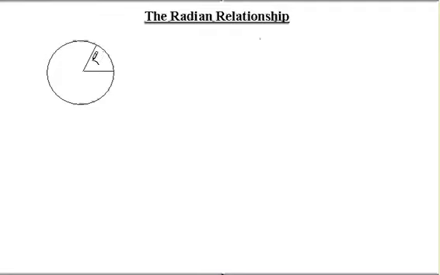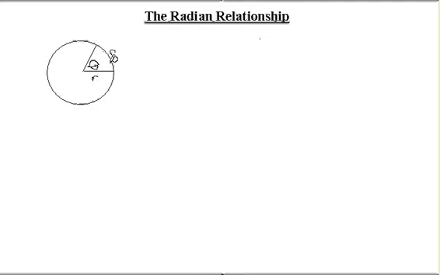Let's call it theta, that symbol. It's really an oval with a line through it. And let's say that R represents the radius of the circle, and then for whatever reason let's use S out here for the length of the arc.